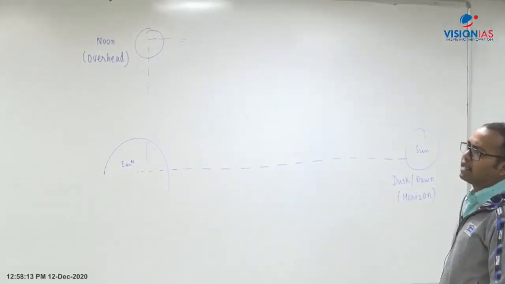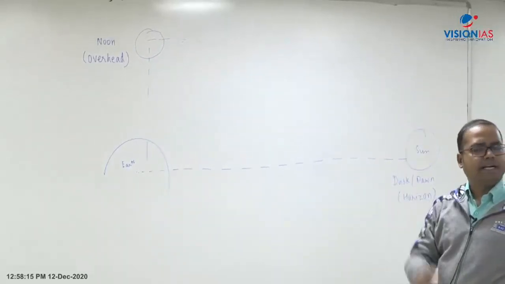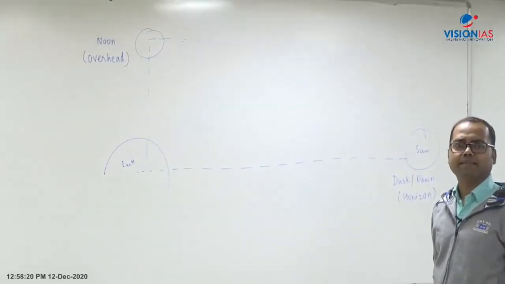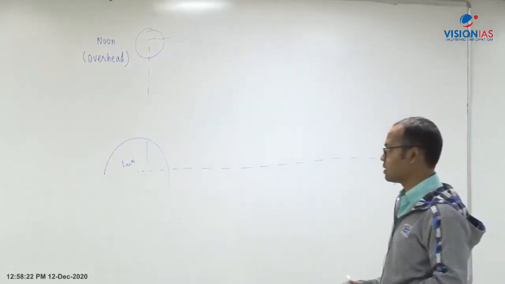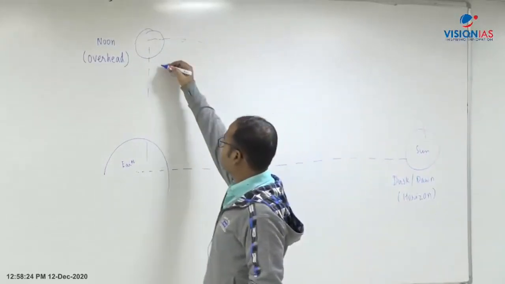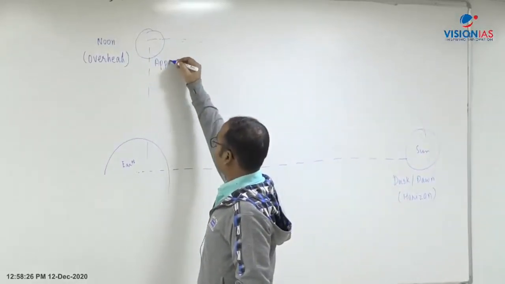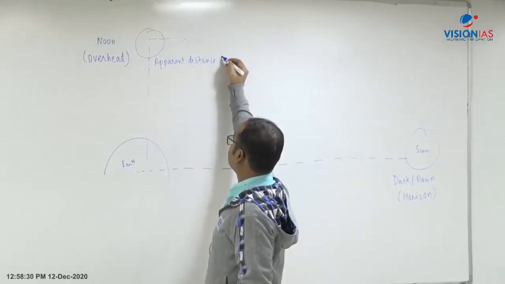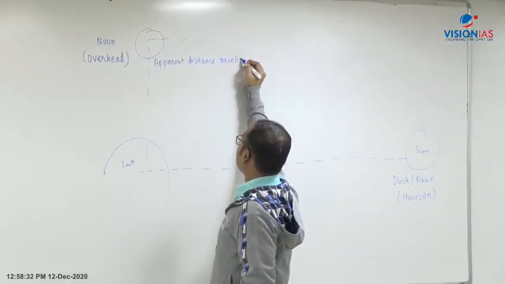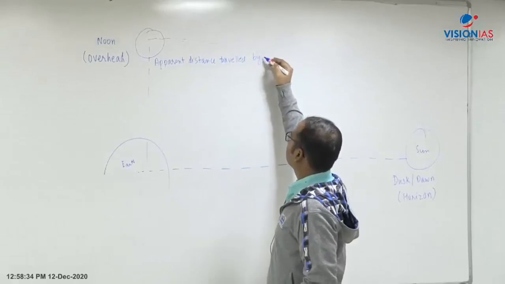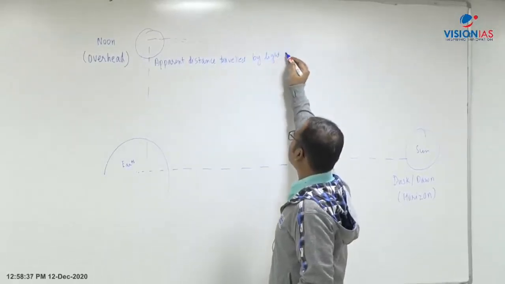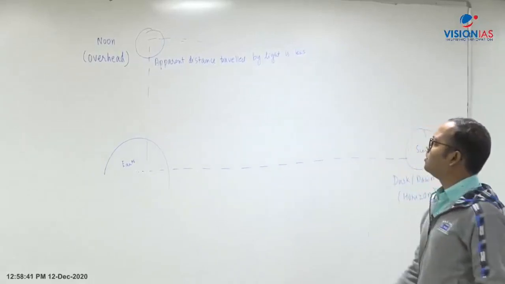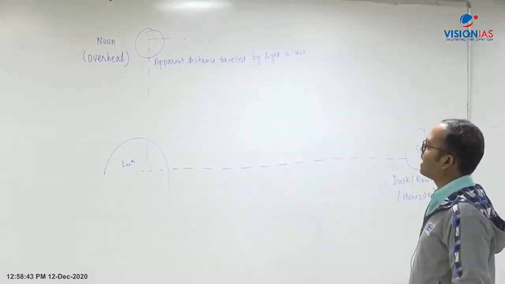So if something is overhead, means 90 degrees, sun rays reach earth at 90 degrees, means shortest distance, perpendicular distance. So what happens here during noon? The apparent distance traveled by light is less.